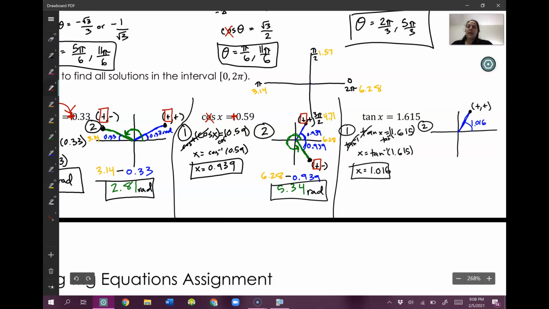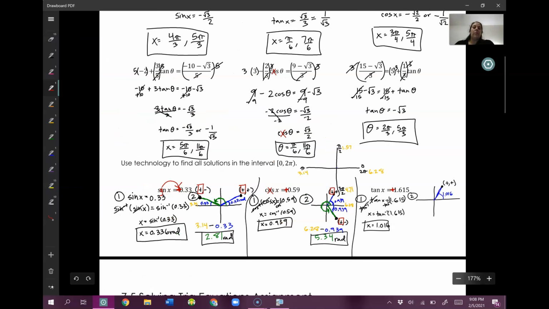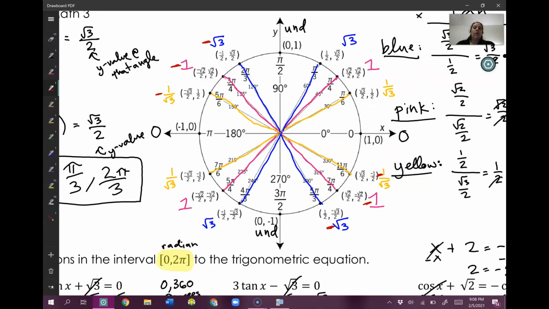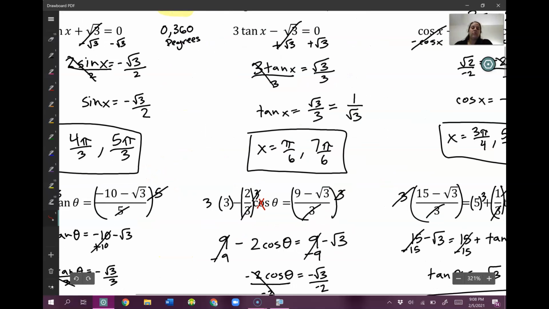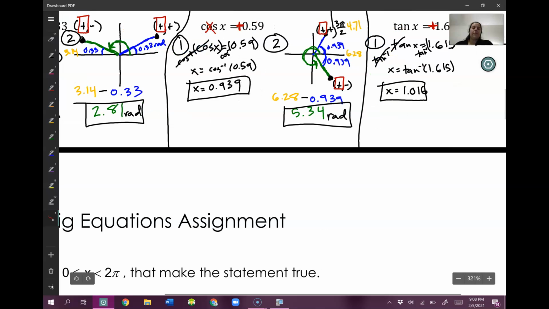So this is a tangent that is positive. So if we look up at that unit circle that we did up here before, what other corner has positive tangent values? So these are all positive. This corner also has positive tangent values. So I can go down here.